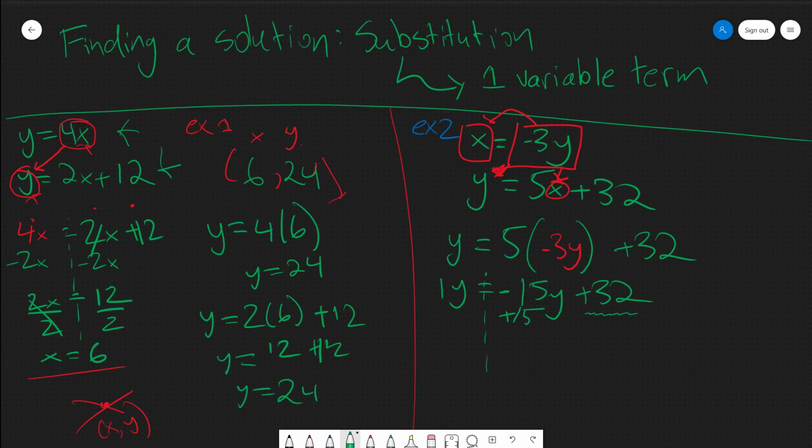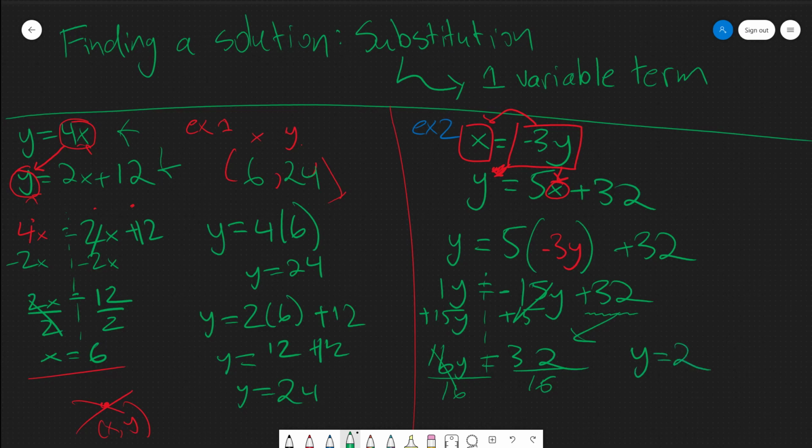I want to add it to my like term, cancel out, get a nice 16y here, a nice 32, which comes down normally, and then I'm going to divide out because my 16 is multiplying with my y. So the opposite of that, the undoing of that, is dividing. 32 divided by 16 gives me y equals 2.